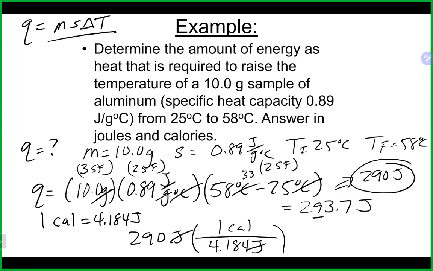The joules will cancel, so we'll go with 290 divided by 4.184. I think you'll end up with about 69 calories. If you didn't use the rounded number, you'll end up with 70 calories, in that ballpark. Either one's fine, whether you rounded or didn't round in this particular case. Any questions on any of that?